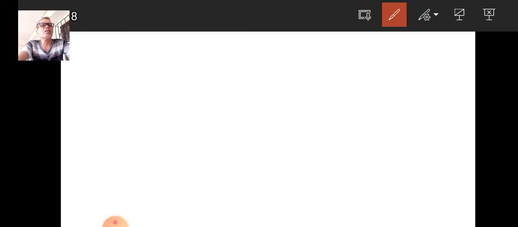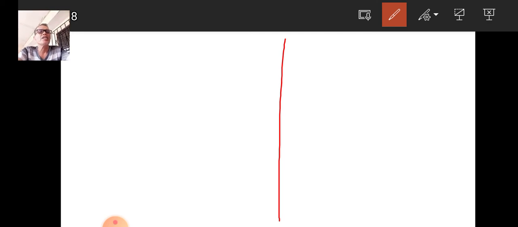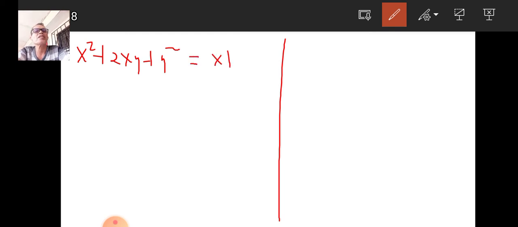In a perfect square trinomial, you have x squared plus 2xy plus y squared, which must be equal to the quantity x plus y squared. It means that if the given product is a perfect square trinomial, the factors must be equal to the square of a binomial.